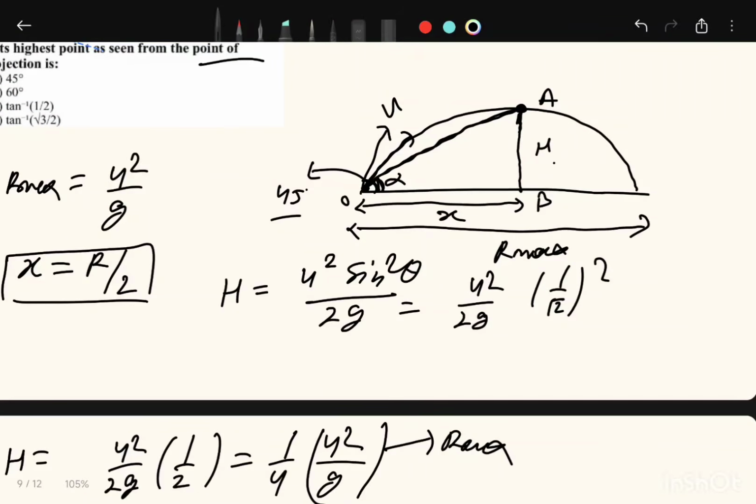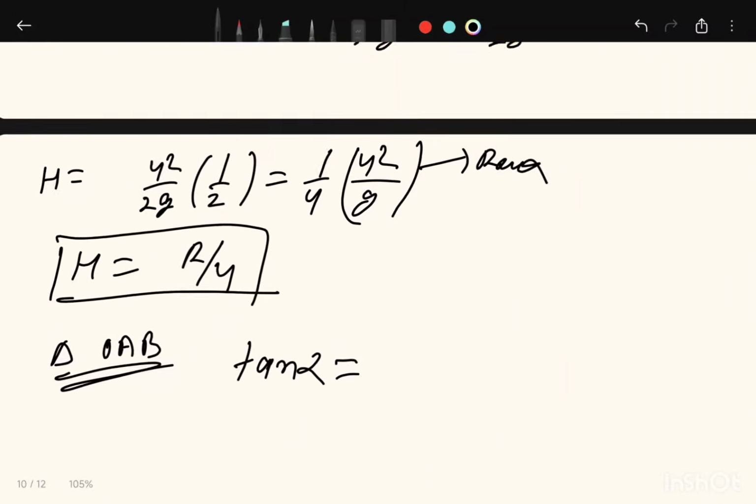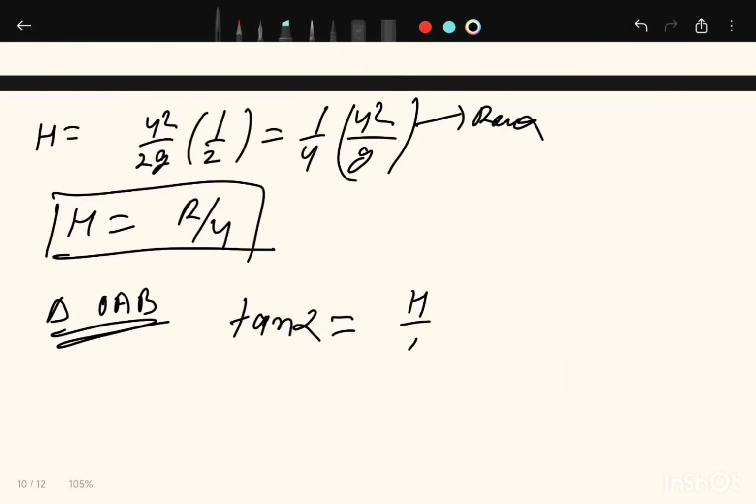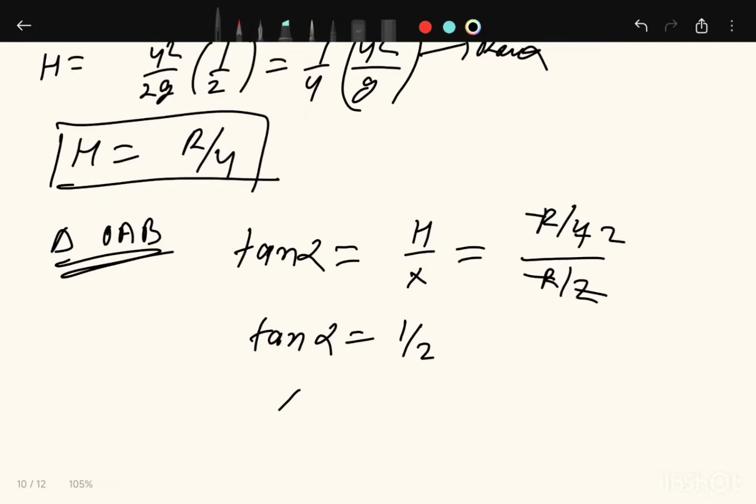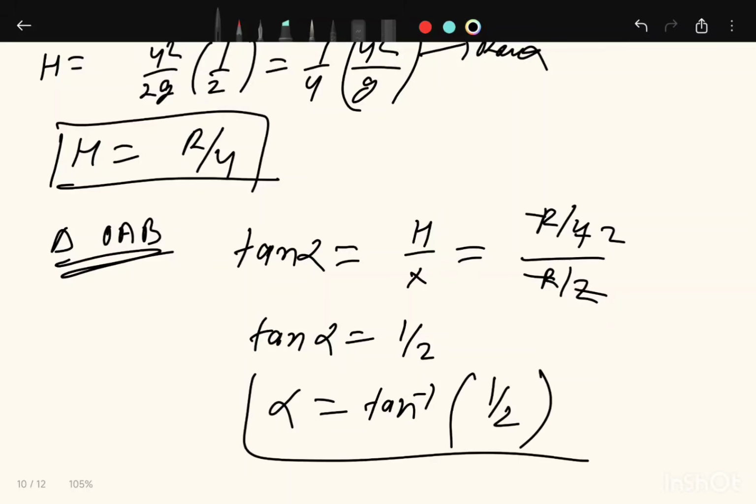The perpendicular is AB, which is equal to H, and the base is OB, which is equal to X. So tan alpha will be equal to H by X. H is R by 4, and X is R by 2. So R will cancel with R, and 2 over 4 leaves 1 by 2. So tan alpha will be 1 by 2. So your alpha will be tan inverse 1 by 2.